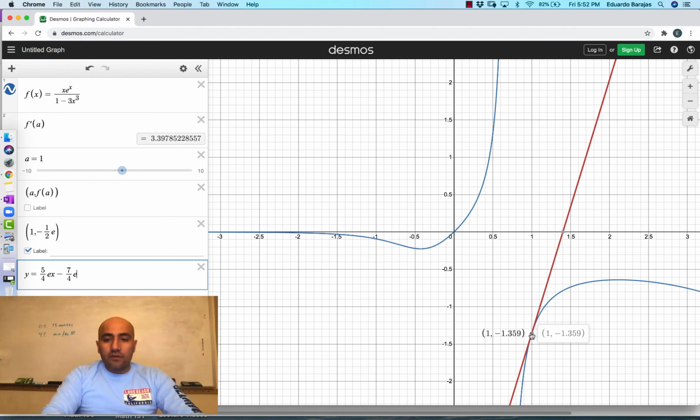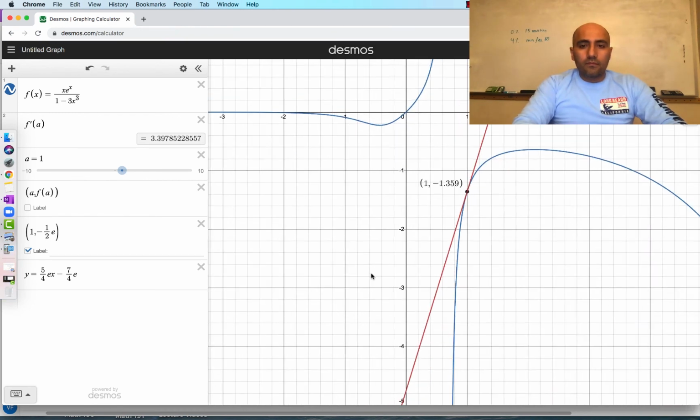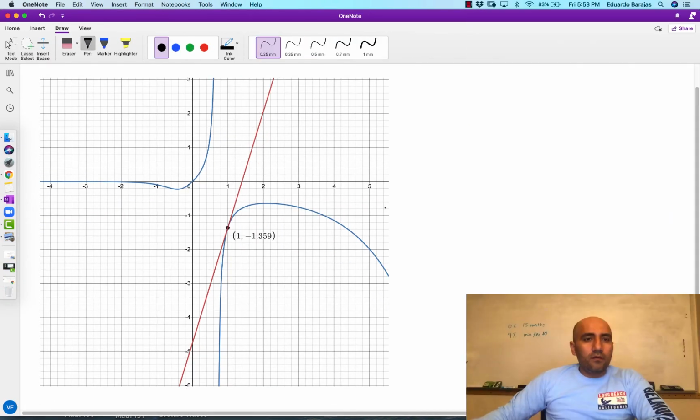Okay, so here is a point on my curve, and this red one here is the tangent line, and here's the equation of the line tangent at that point. Okay, so the equation in blue was the function f of x equals x e to the x all over 1 minus 3x cubed.